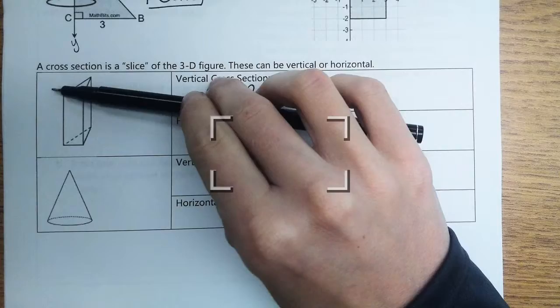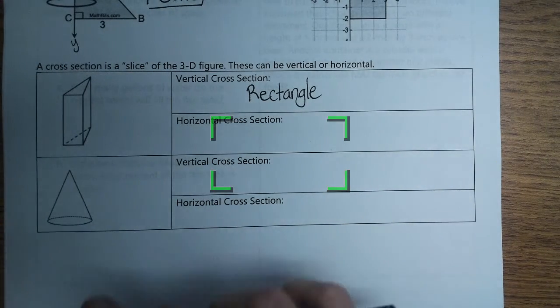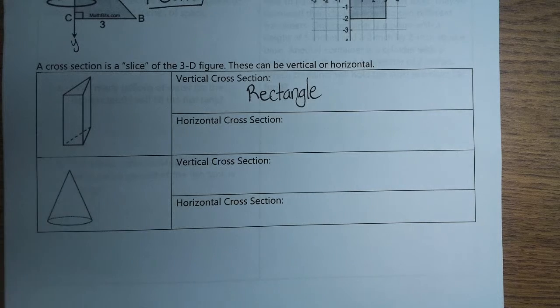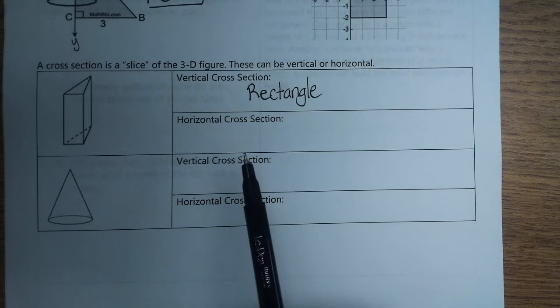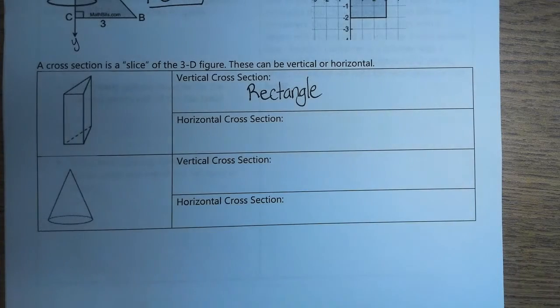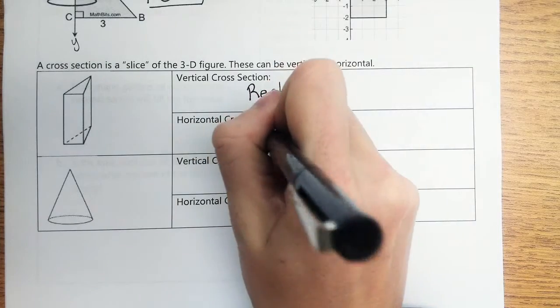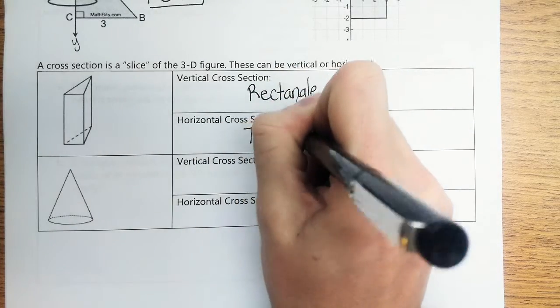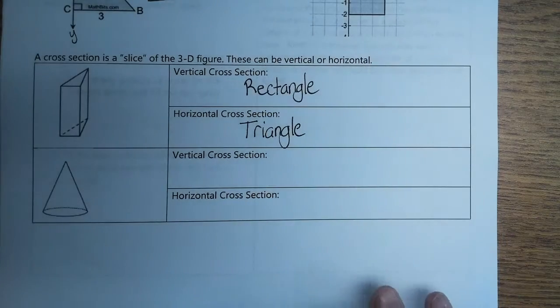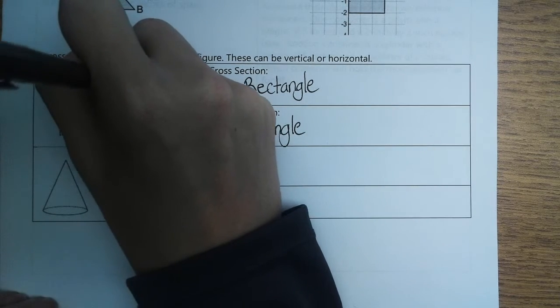If we sliced right here and we took that piece away, we ate it or whatever, we're going to be left looking at a rectangle still. Horizontally, if we slice like that and we take the top off, we're going to look down and see a triangle. Also, this is a triangular prism, just for the record.